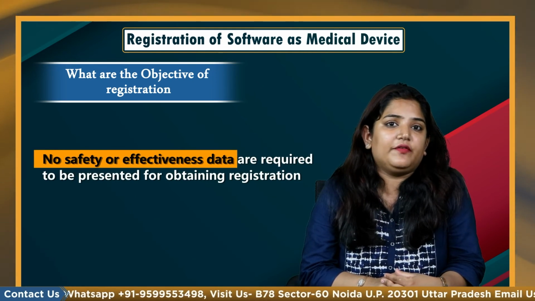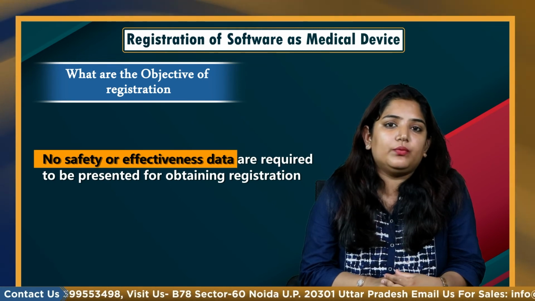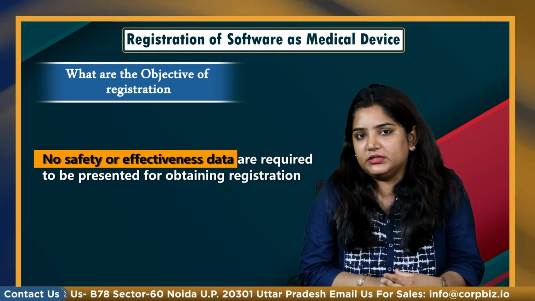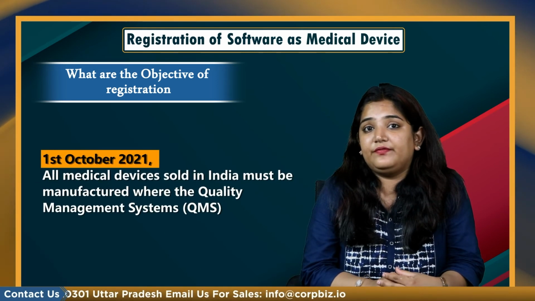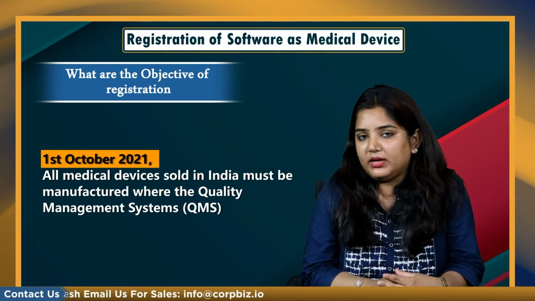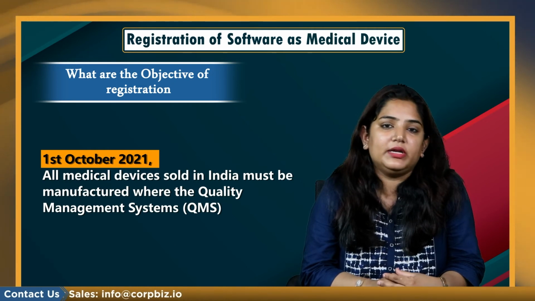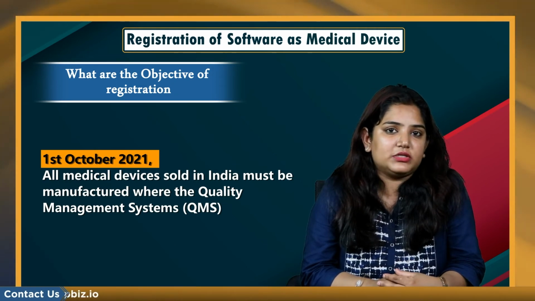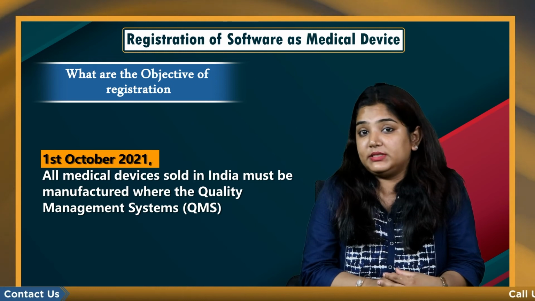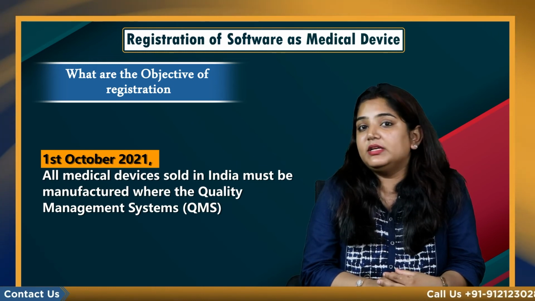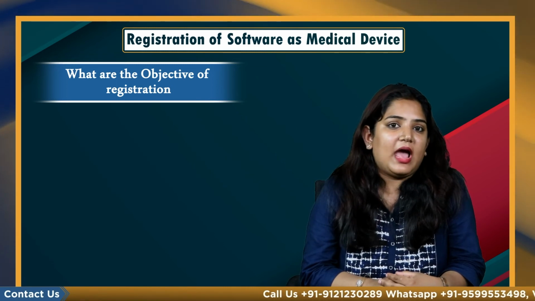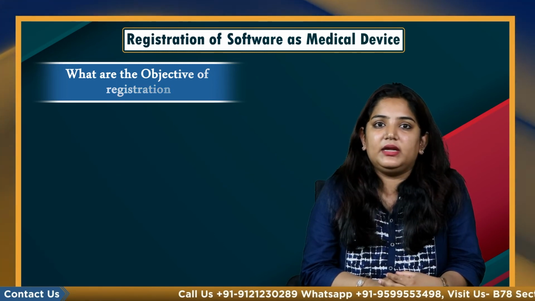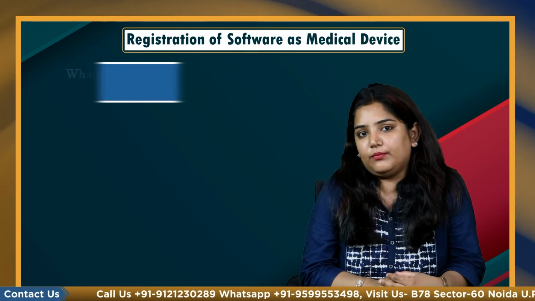No safety or effectiveness data are required to be presented for obtaining registration. The Government of India intends to ensure that from 1st October 2021, all medical devices sold in India must be manufactured where the quality management system meets the standard specified in ISO 13485 as certified by any accredited certifying body.